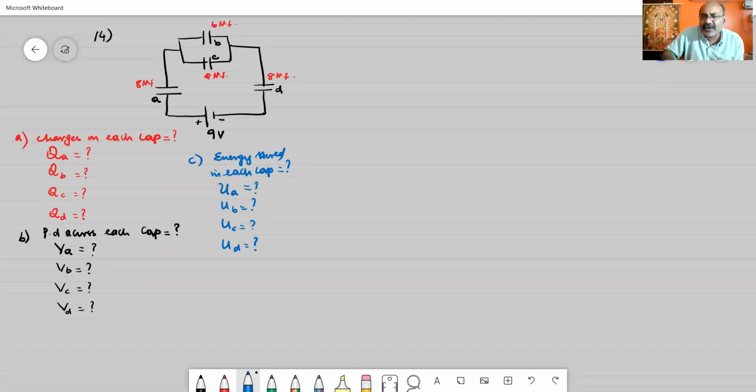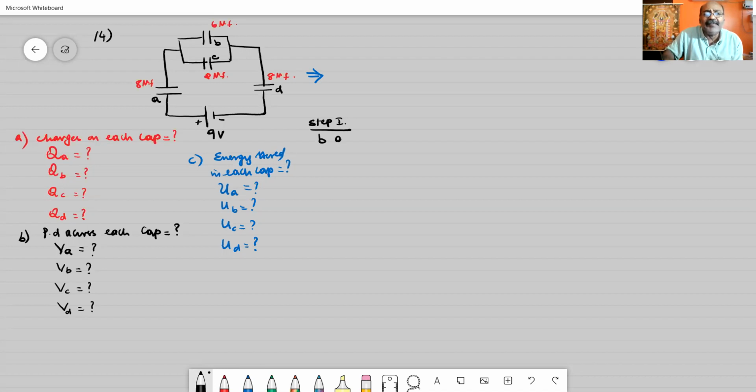So I have to simplify this diagram. How to simplify this diagram? I am writing it as step 1. Looking at this diagram, I can say the capacitors B and C are in parallel.